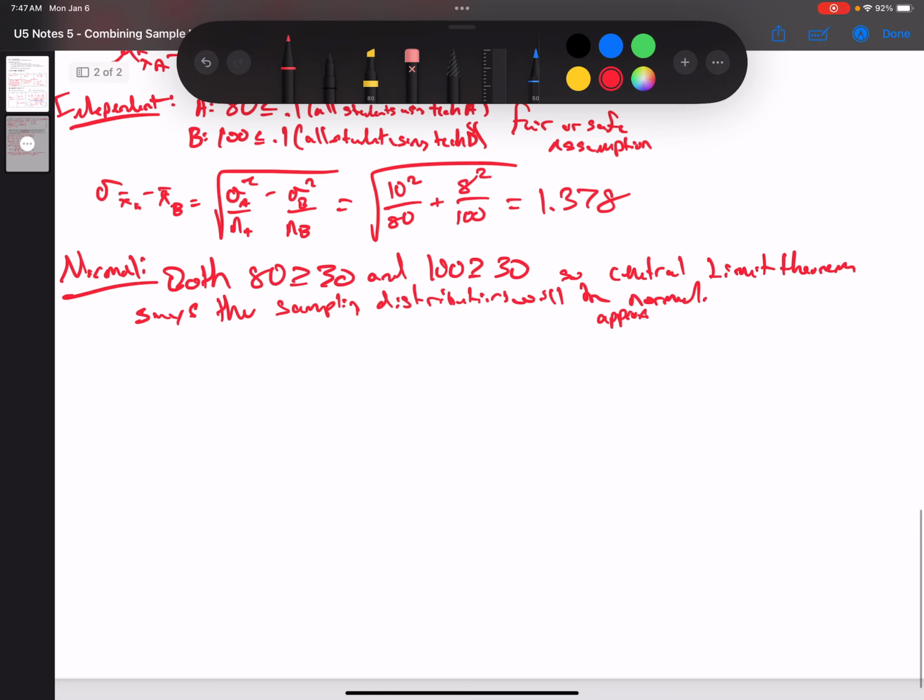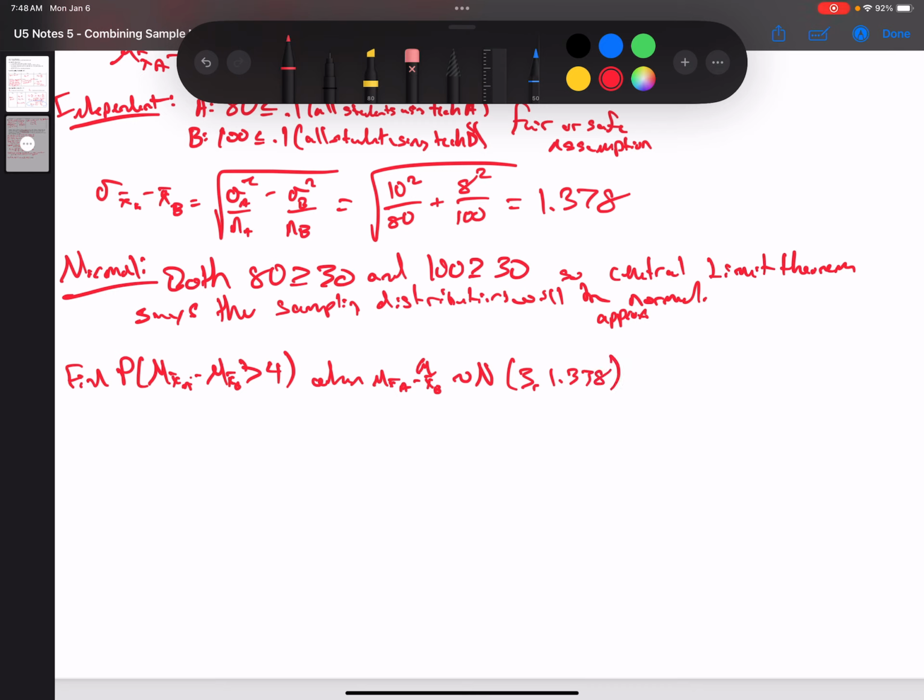Okay, so again, we are trying to find the probability that our difference, it's gonna be x̄A minus x̄B, is gonna be greater than 4, okay? And then our combined distribution follows a normal distribution with a mean of 3 and a standard deviation of 1.378. Okay, so let's go ahead and standardize.